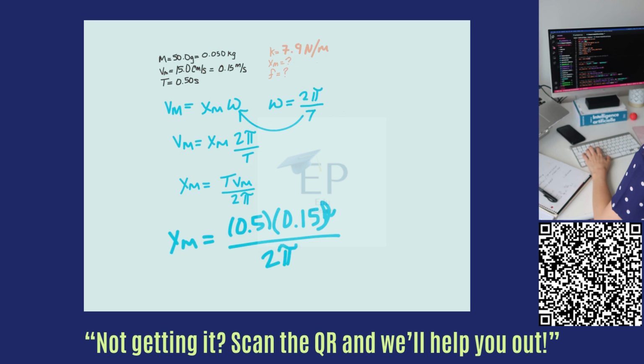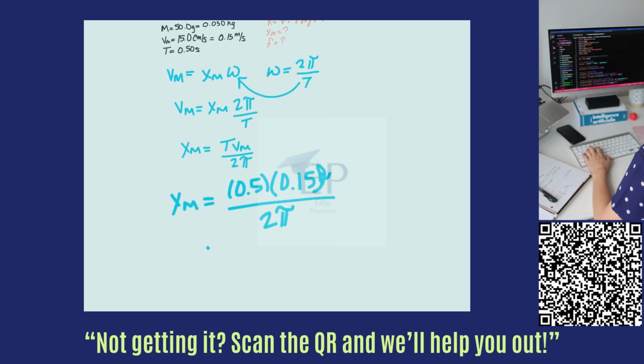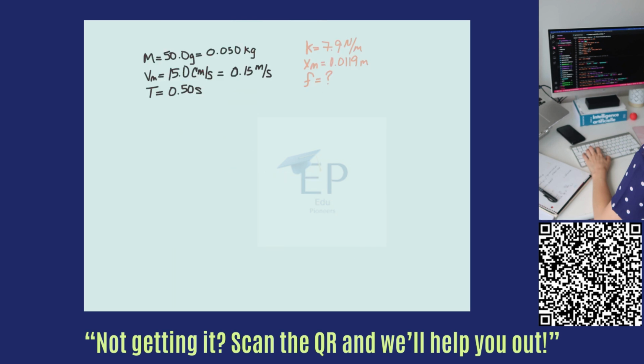And so we get a value of xm, our amplitude, equals 0.0119 meters.